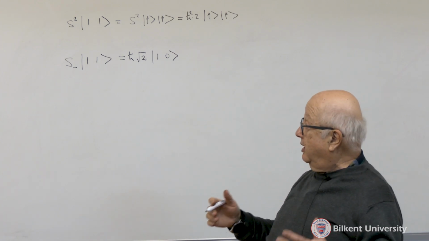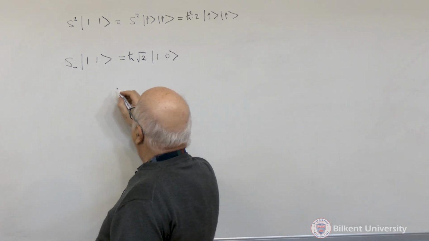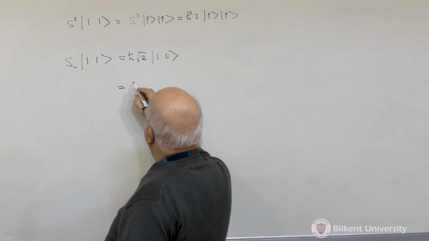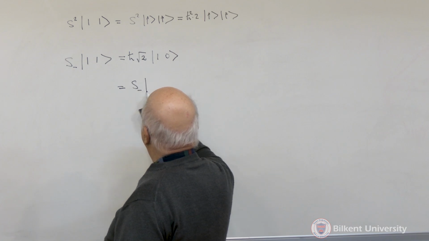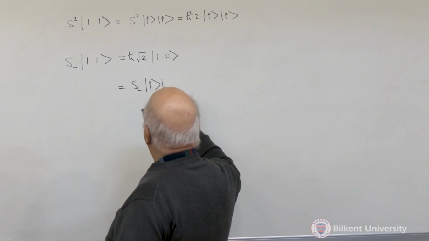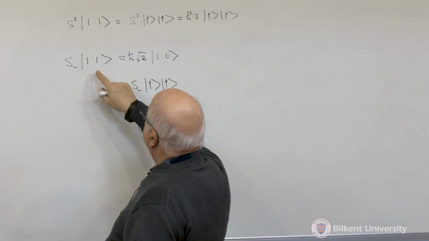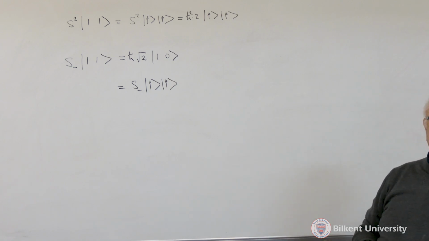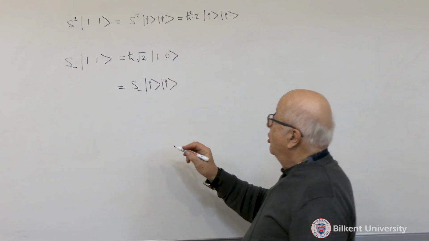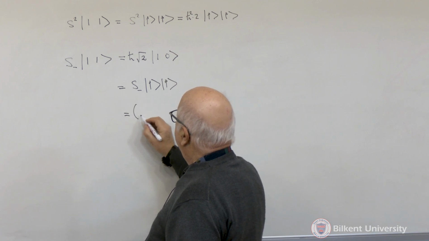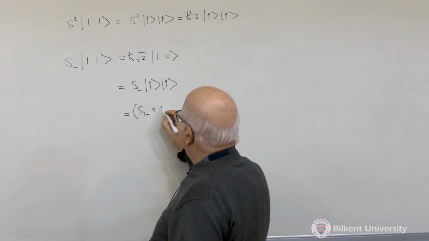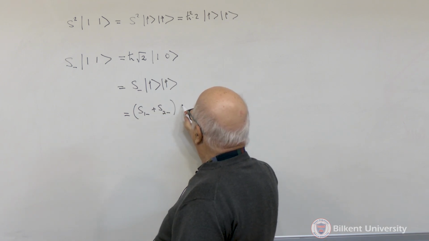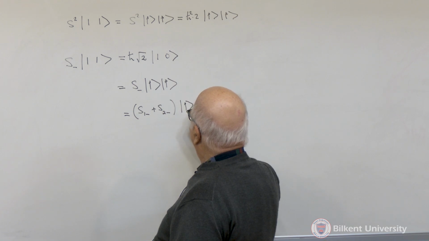But I can also operate on this stuff here. So I can look at S minus on up, up, right? So this is the same thing. Instead of 1, 1, I can operate on this. So this is going to be S1 minus plus S2 minus operating on up, up.